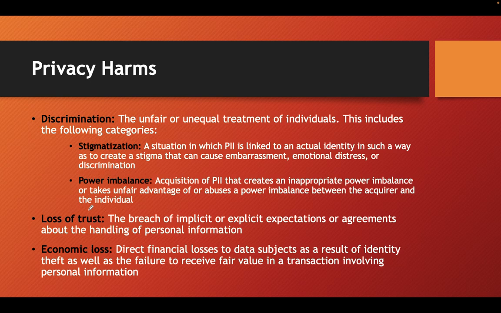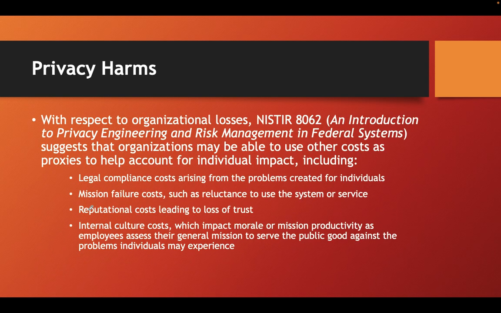Privacy harm can result in economic loss, in the sense that direct financial losses can happen when you are hacked, when you are harmed online, when your very personally sensitive information has been stolen, and when your information asset has been stolen. So this can result in economic loss.